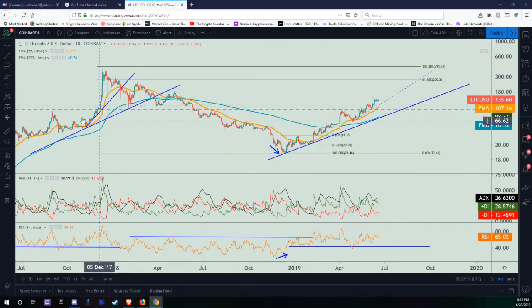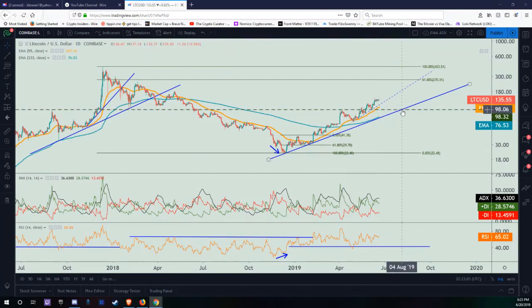Another thing that's interesting is this dotted line I have here, where we had a really nice support resistance flip. It was resistance here, broke here, was support, here support broke and then became resistance again, resistance right here, and then it tested resistance right here at this point, came back down, broke through, and now it's support.